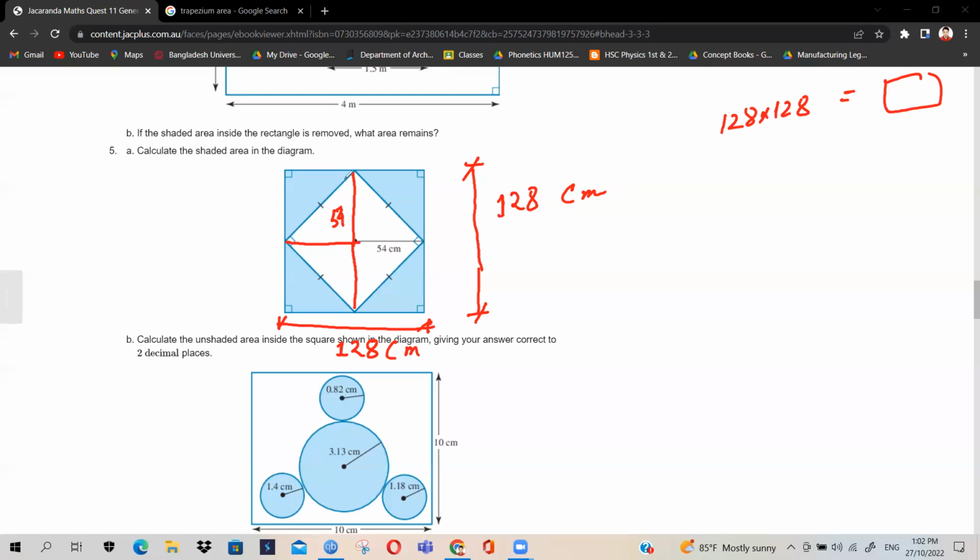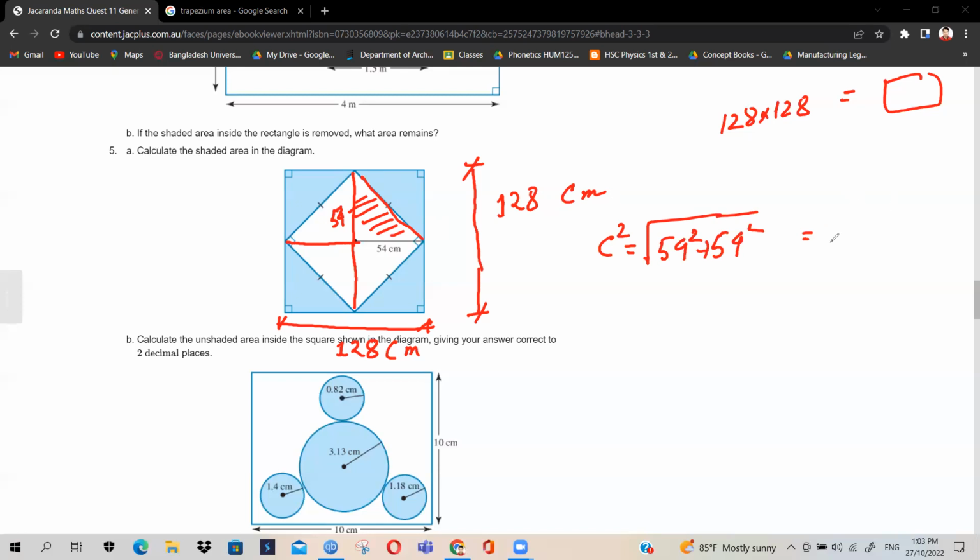So now it's an equilateral right angle triangle, right? Or is it isosceles? I get confused with the term. Anyways, there are two sides which are equal. So you have to calculate this side. That would be, say, c squared would be equal to 54 squared plus 54 squared.